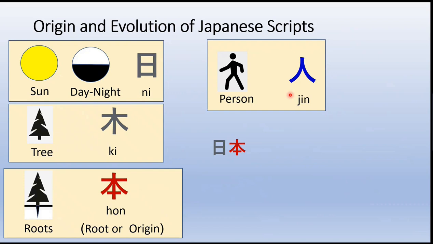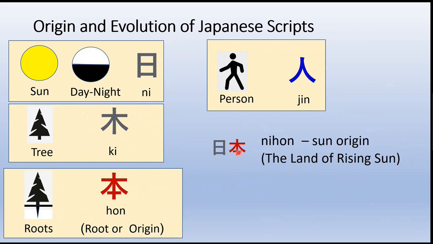So this is ni and this is hon. So this is Nihon, or the sun origin, or the place where the sun originates, that is the land of the rising sun, which is nothing but Japan. So the meaning of the word Nihon is the land of the rising sun. So this is how Nihon is derived.